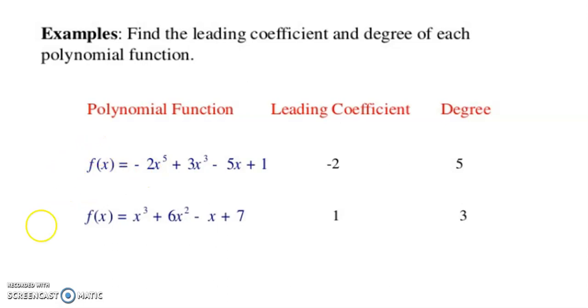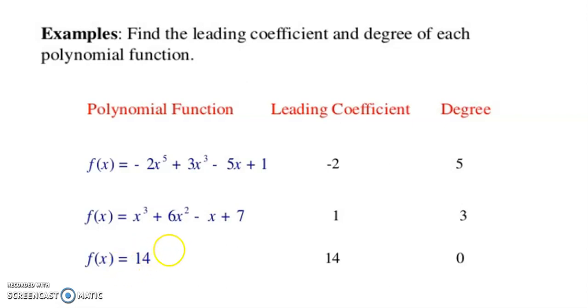Let's see another function. Now the degree of this polynomial is 3, since it is the highest degree of this polynomial, and its coefficient is 1. So the leading coefficient is 1 and the degree of this polynomial is 3. Now what about this? Think about it. Is the variable available? Yes, of course it is there. What is the highest power of the variable?